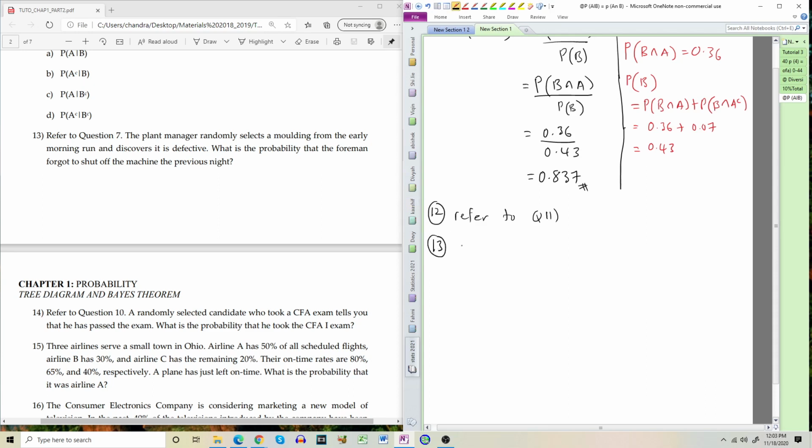Question 13, the plant manager discovered a randomly selected molding is defective. What is the probability that the foreman forgot to shut off the machine the previous night? It is defective and the foreman forgot to shut off.